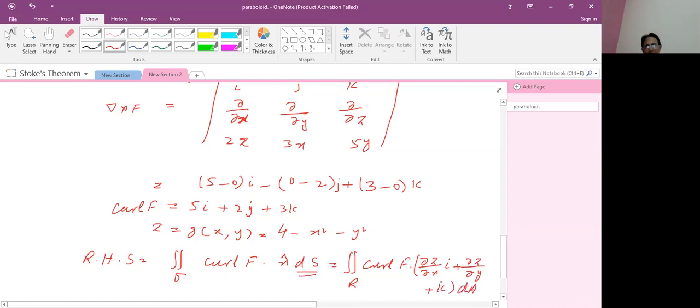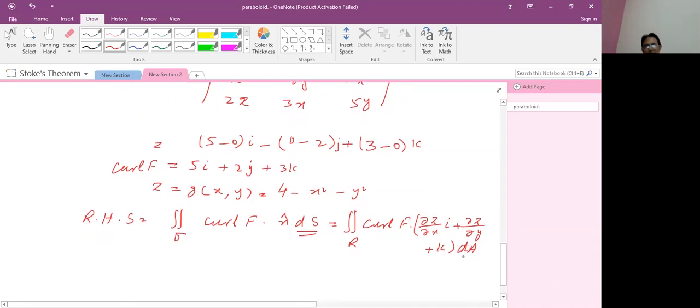It means the surface integral is converted into rectangular coordinates.